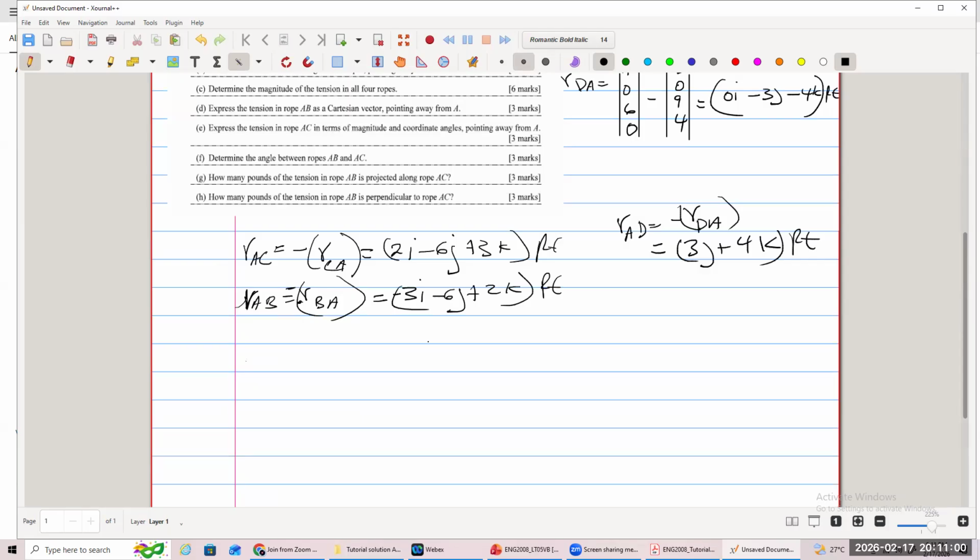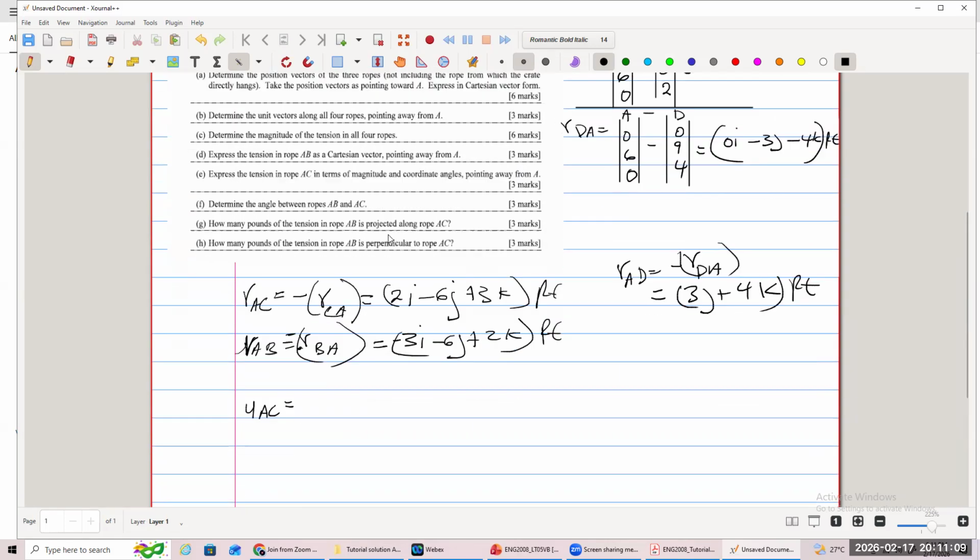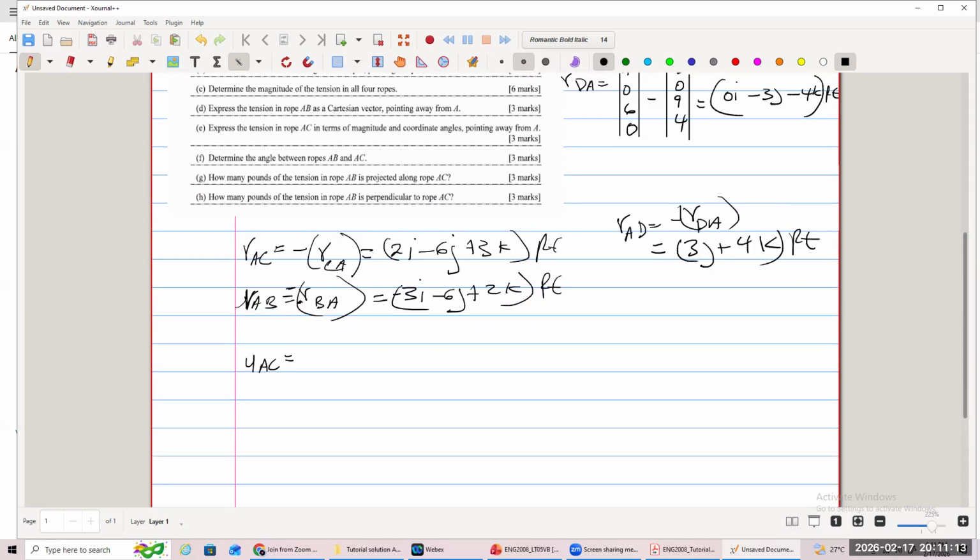We need them. So it's UAC. Let's say you have to find the unit vector along them going away from A. The unit vector of the first one, U, is going to be the vector RAC divided by its modulus AC.